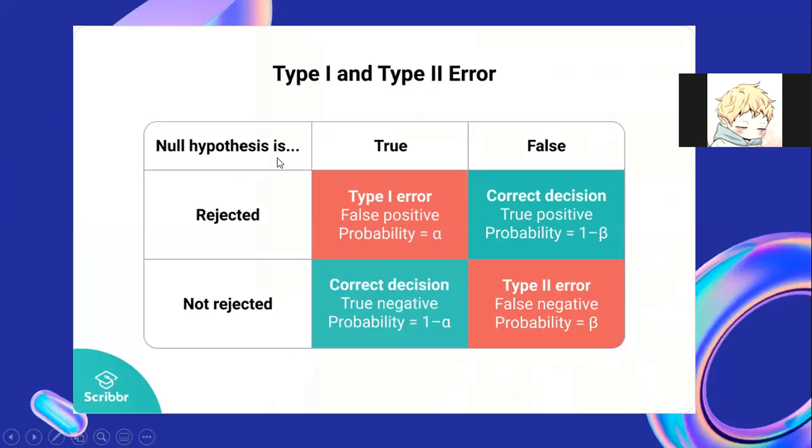In summary, ito po yun. So if the null hypothesis is true and you need to reject it, it's a type 1 error. But if the null hypothesis is false, it's a type 2 error where you need to accept the null hypothesis.